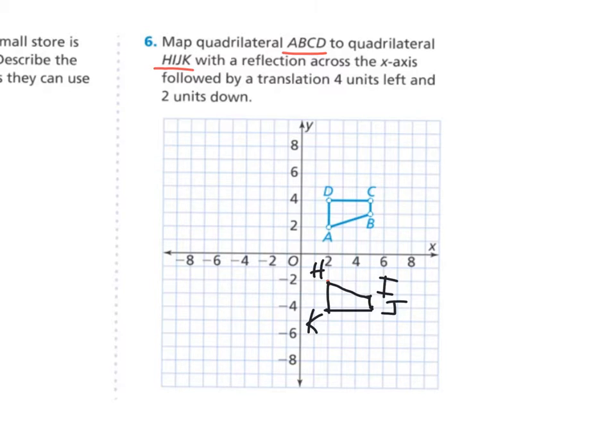So now we're going to go 4 to the left and 2 down. So if we take H, maybe since we're going to the left, we go 4 to the left and 2 down. That's where that point would end up, so that'll be H prime. Again, it's probably best that we try it with at least one other point just to make sure we're doing this consistently. So if we take I, maybe, four to the left and 2 down.